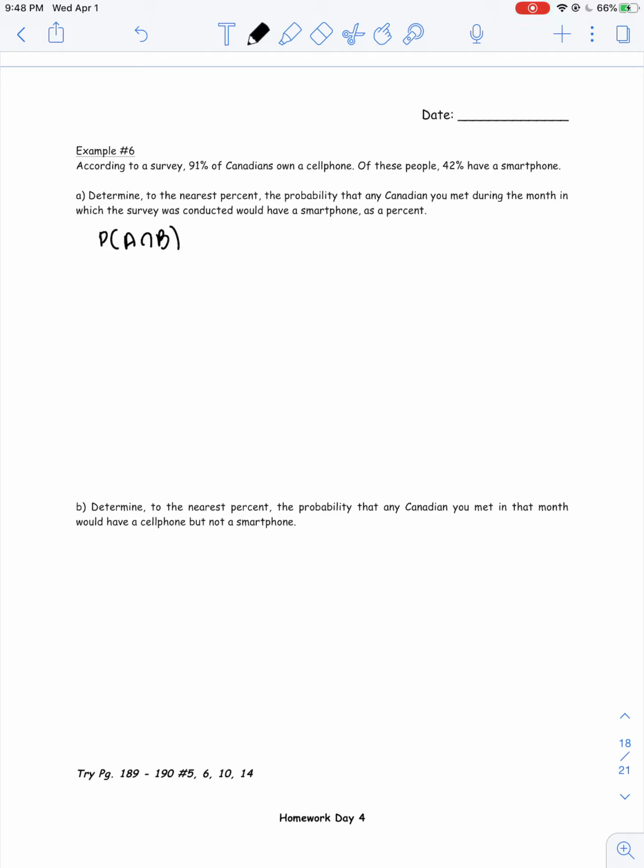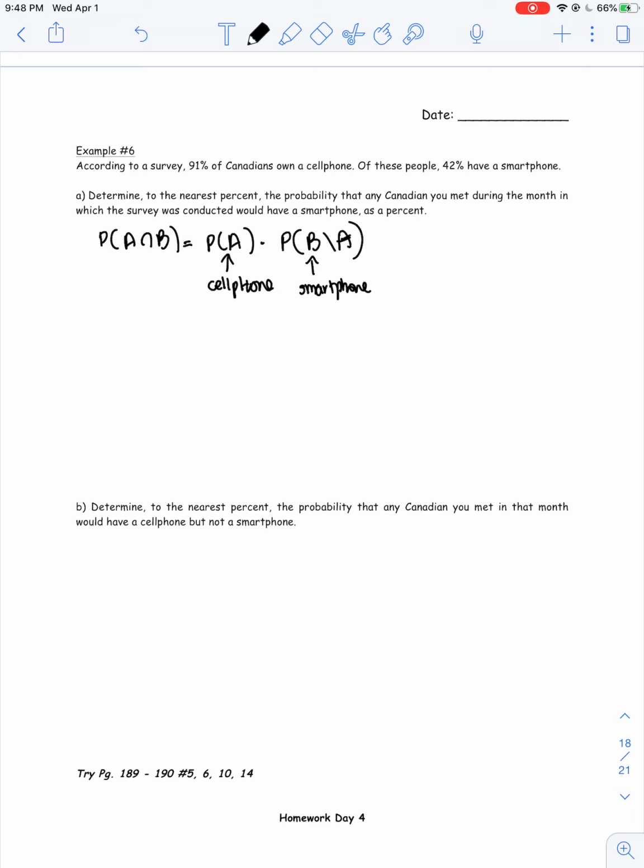So our equation for conditional probability is this. Our first event is someone owning a cell phone. So knowing that they own a cell phone, what's the probability that it's a smartphone? So it's like knowing that they have a smartphone.